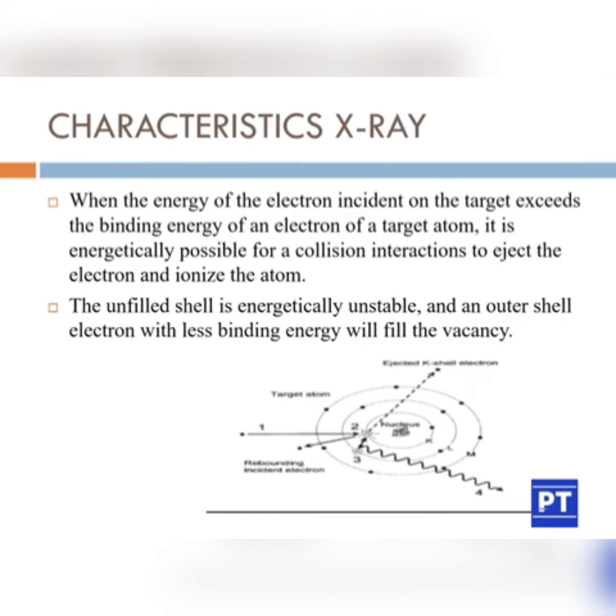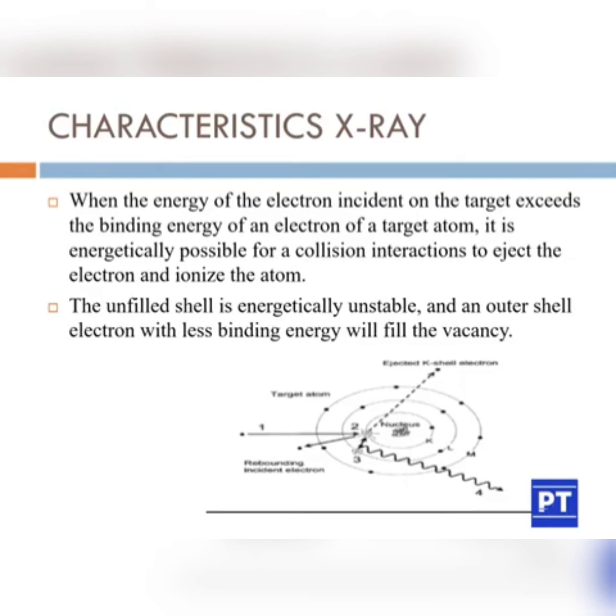So there is a vacancy formed in the K shell. In order to fill this vacancy, an outer shell electron will be filling it. The outer shell is the L shell, and an L shell electron will fill this vacancy with the emission of a radiation. That radiation is known as characteristic X-ray.